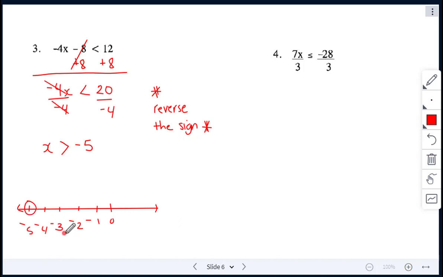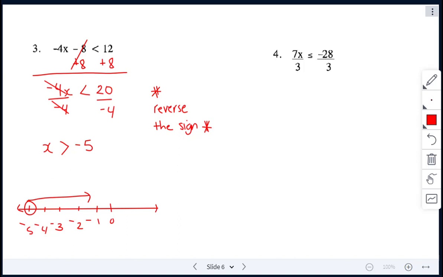An open circle, and it's greater than negative 5, so we have to point to the right, showing that negative 5 is not included in our answer. It's any number greater than negative 5. So we've pointed our arrow to the right.